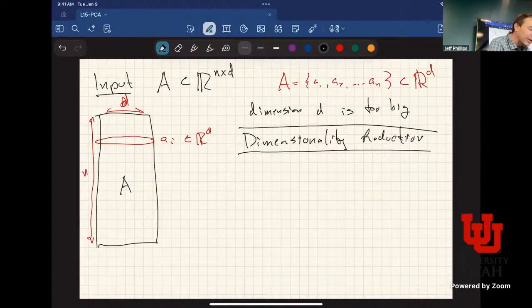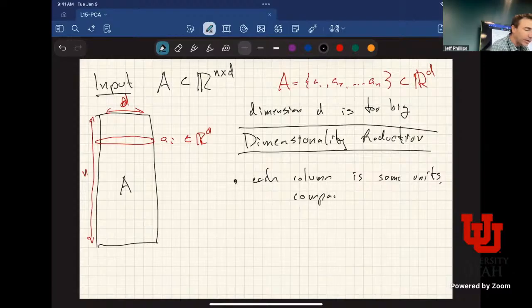In order to get this to work for the family of techniques we'll talk about for this lecture and maybe the next two lectures, I want each column to be basically the same units and comparable. We're going to measure things such as a_i, one of the rows, to some other point.